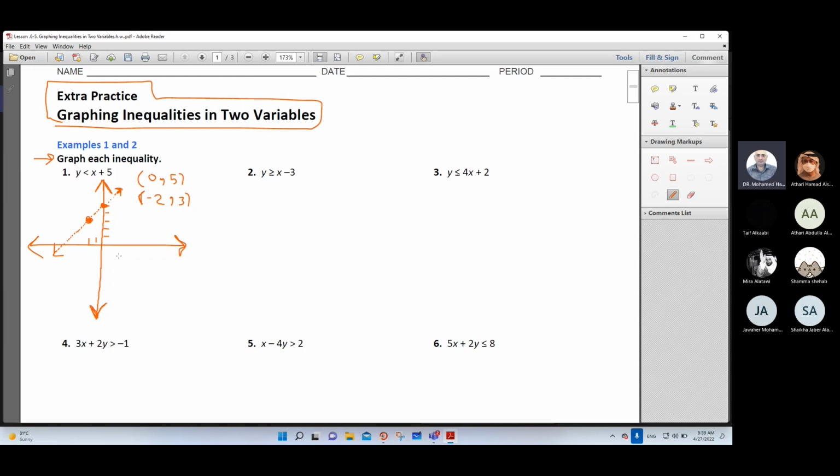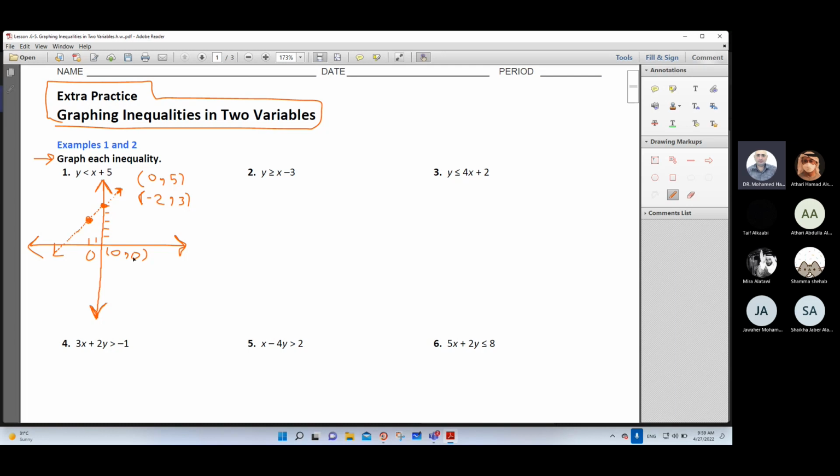Now we want to determine the area of the solution. Here you can do a test. Take the origin, (0, 0), and check if (0, 0) is in the area of the solution of this inequality or not.